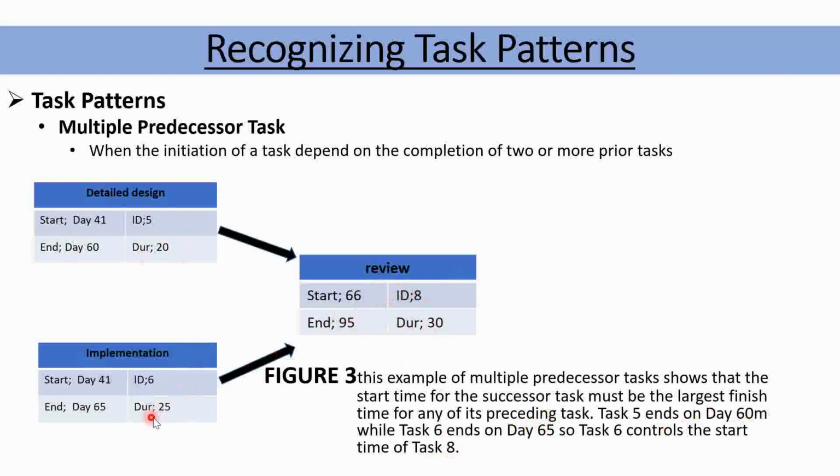Since this one has 25 days, this one has 20 days, therefore, the largest one is 25. So it will control the start time of the successor task, the one which comes after. Therefore, this one ended on day 65. This one started on day 66. It's very important to remember that all the time. Make sure that your calculations are correct.